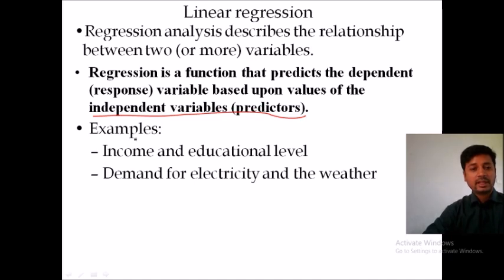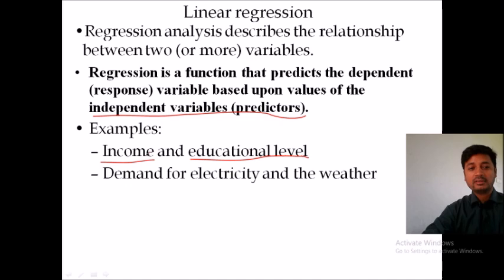Let us see an example, income and educational level. The educational level here may be considered as the independent variable and income as the dependent variable. How? Because in general, not always, if the person is highly qualified, their income may be more.